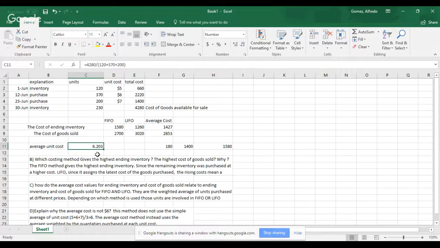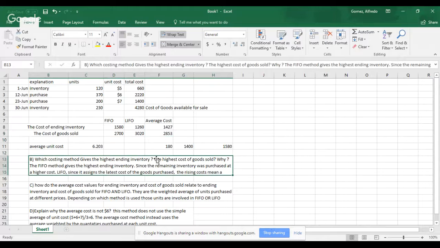That gives us 6.203, which is our average unit cost. Since we have an ending balance of 230 units, we multiply that by 6.203, which gets us 1427. We subtract the 1427 from the cost of goods available for sale, which is 4,280.